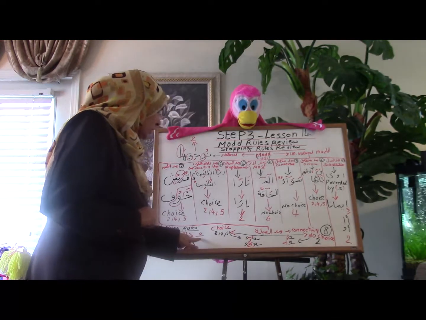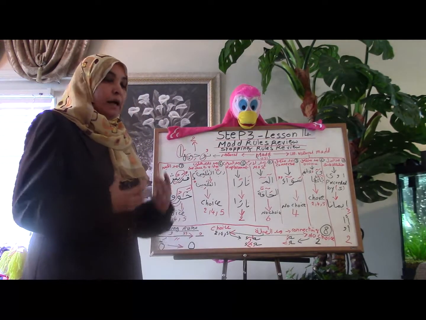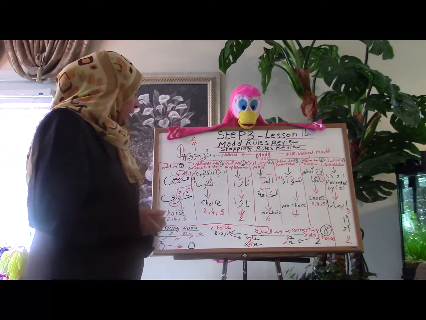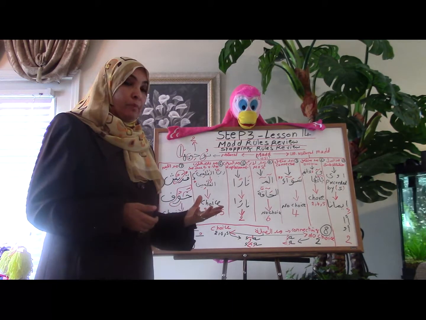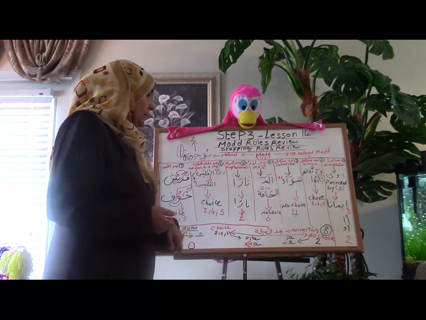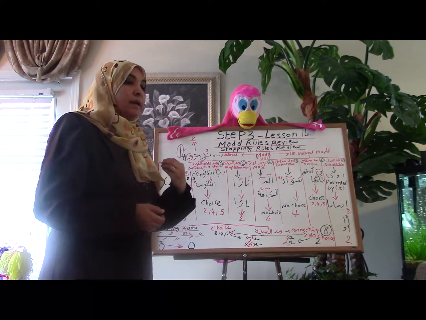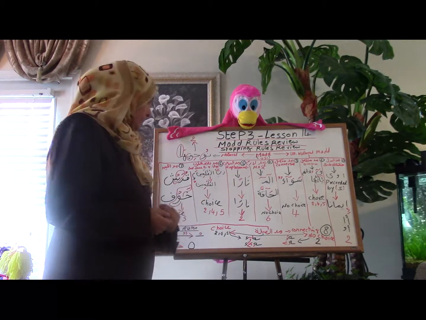All of these turn into sukoon. You pronounce the word with a sukoon. In the case of the ha marbuta at the end, it becomes like bih, bih, lah, and so on.